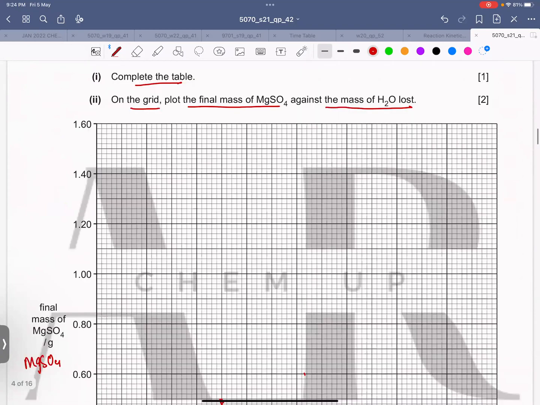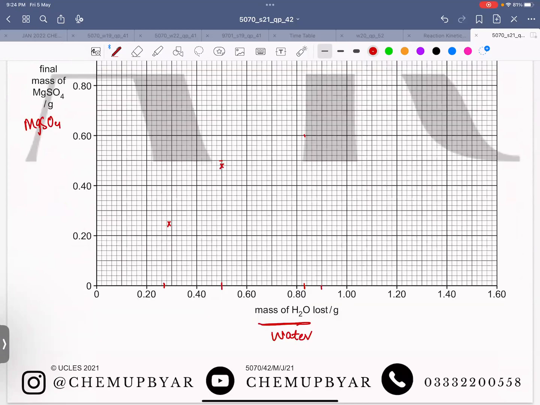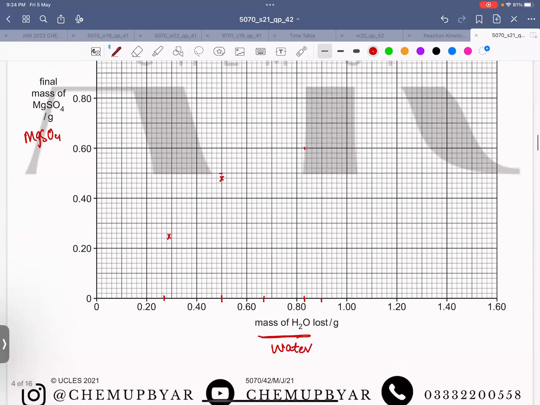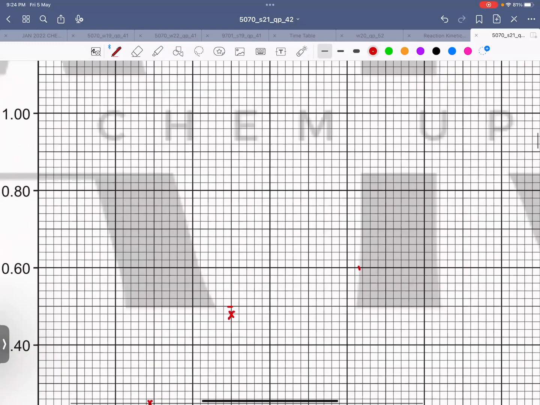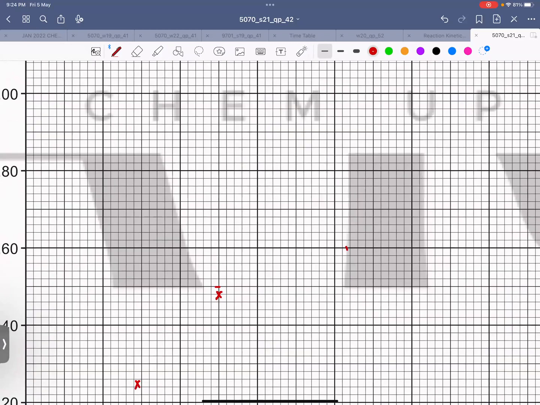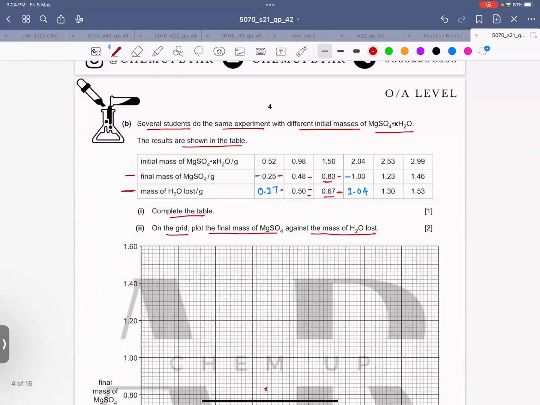Then 0.67 and 0.83. So 0.67 would be over here, and 0.83, it's 0.82 and 0.83. Yeah, it would be over here. Then 1.04 and 1.